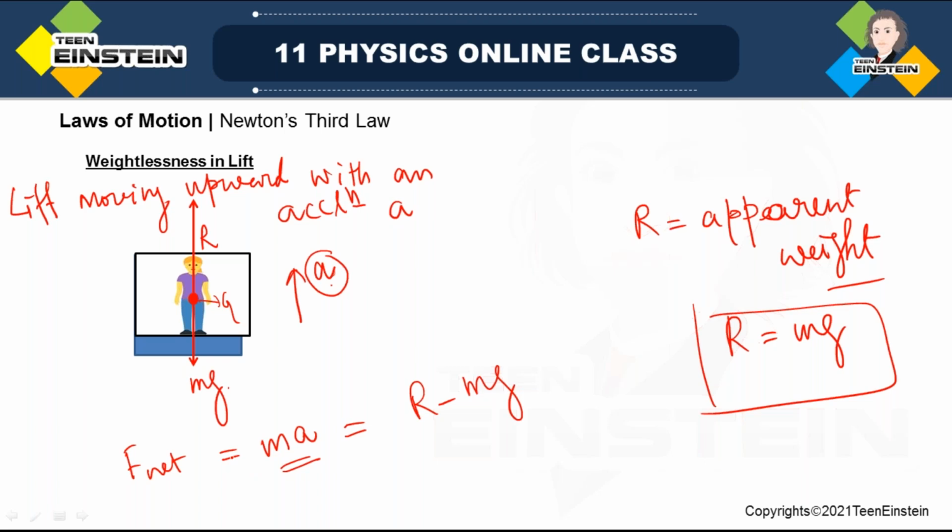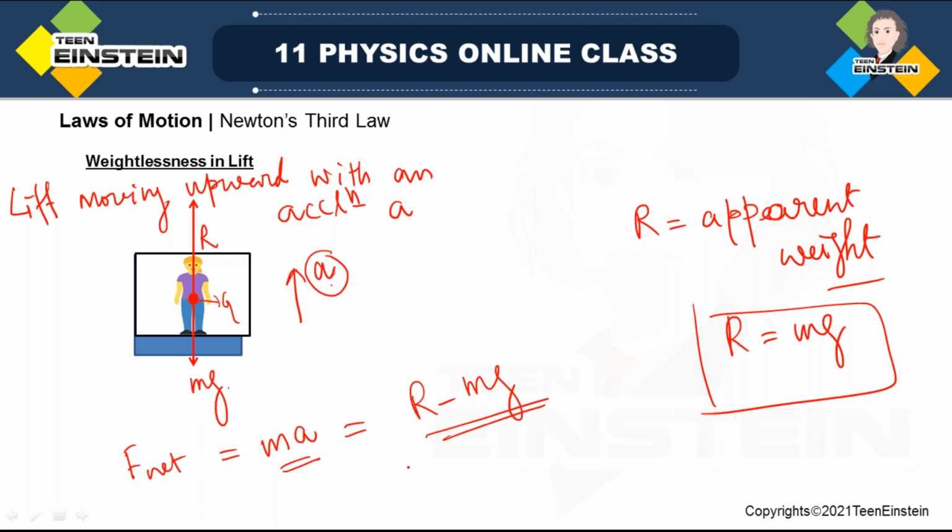The net force on the man will be m into a. This is the difference between the normal force upward and the weight of the object. So this will give you the net force on the man or woman.